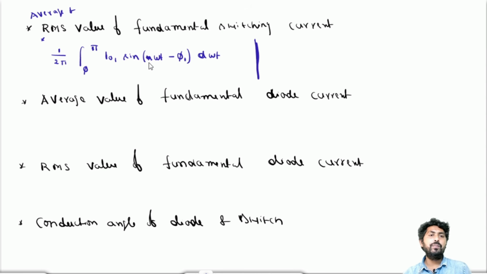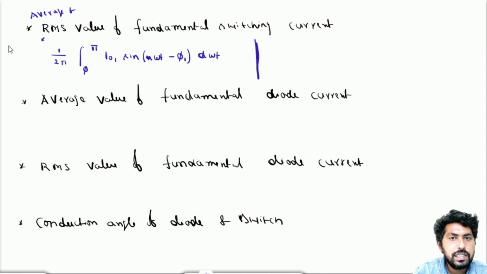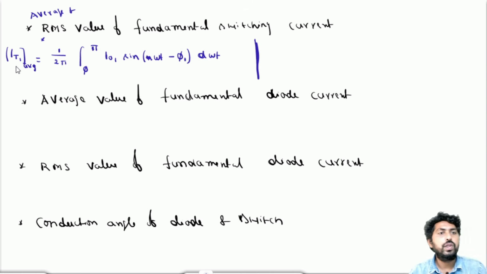So this is the average value of the switching current, that is IT1 average.